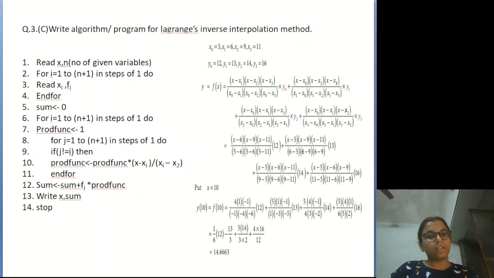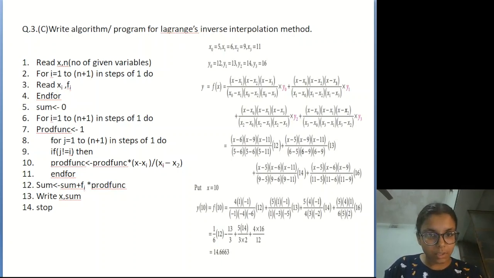Then the inner loop will run, it would again check the value, and every time after running the inner loop the product function will change, and then after doing that we would end the for and get the value of sum, as sum is the last procedure for our Lagrange's inverse interpolation.